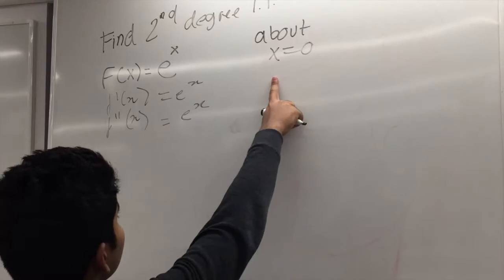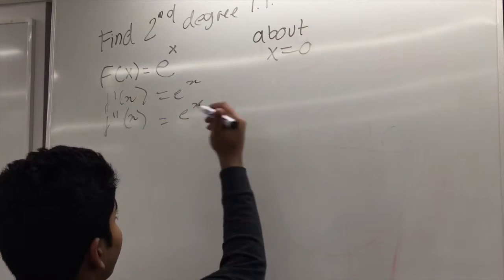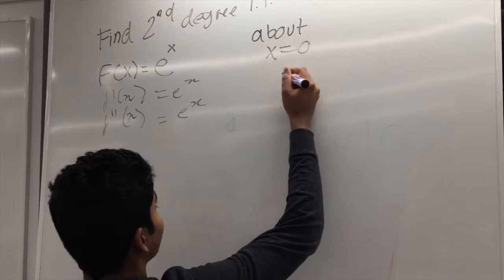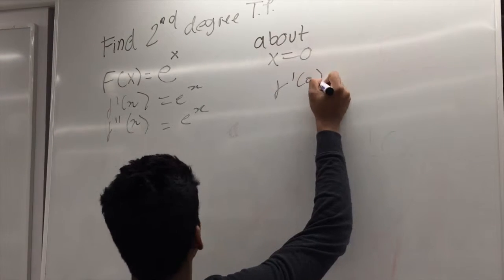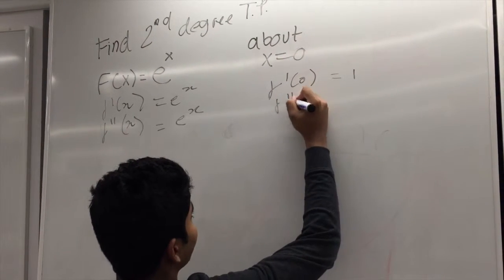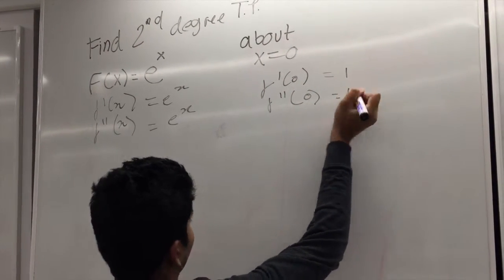And the values at 0 for the first and second derivative will be calculated as, so f at 0 is 1 and the second derivative at 0 is also equal to 1.